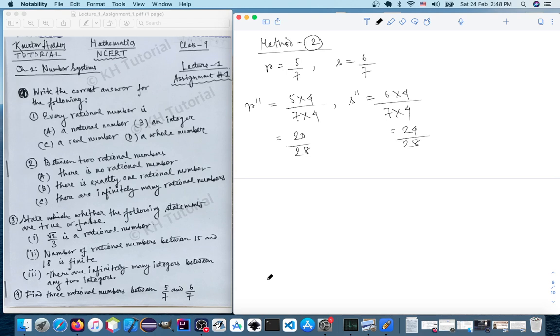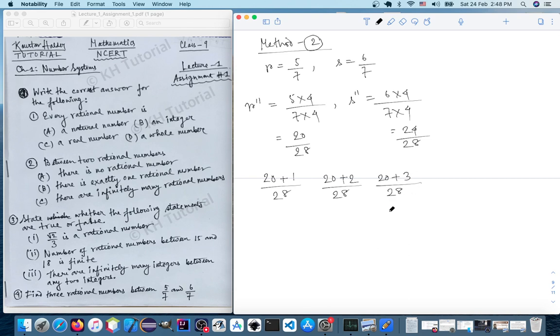The final step was to actually find the rational numbers that lie between R and S. What we do is we keep on adding 1 to the numerator of the R double dash rational number, like this: 20 plus 1 by 28, 20 plus 2 by 28, 20 plus 3 by 28.